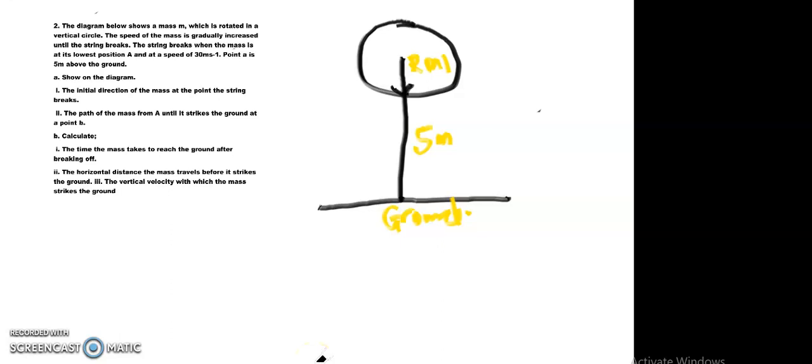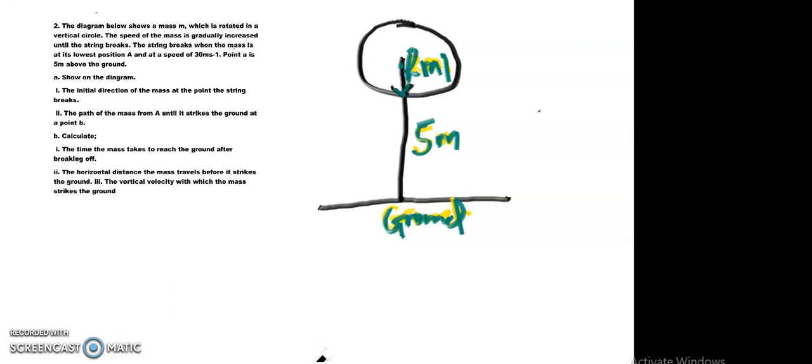So we are to show on the diagram we have drawn, this is 5 meters and this is the ground. This shows the direction of the mass. So after showing, we are to find the initial direction of the mass at the point the string breaks.